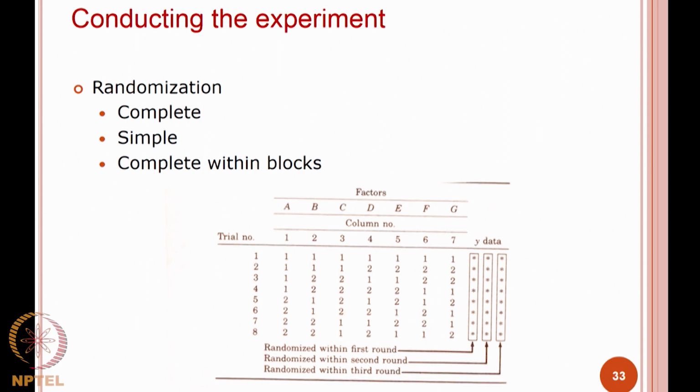If you go back to the example that I gave, my first experiment, what I will do is I will take supplier 3, his third specimen, and I will run it. Then the second experiment that I would run is I will go to supplier 2 and I will pick his fifth specimen and run it. That is complete randomization. That is exactly what is happening here.